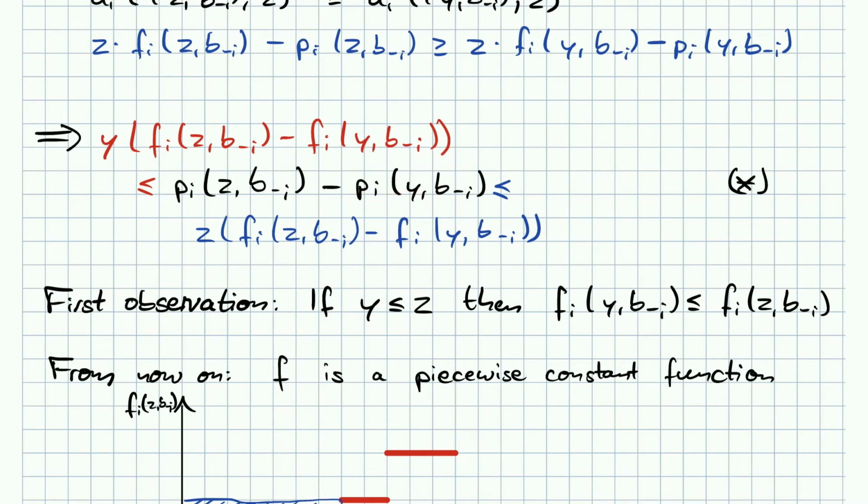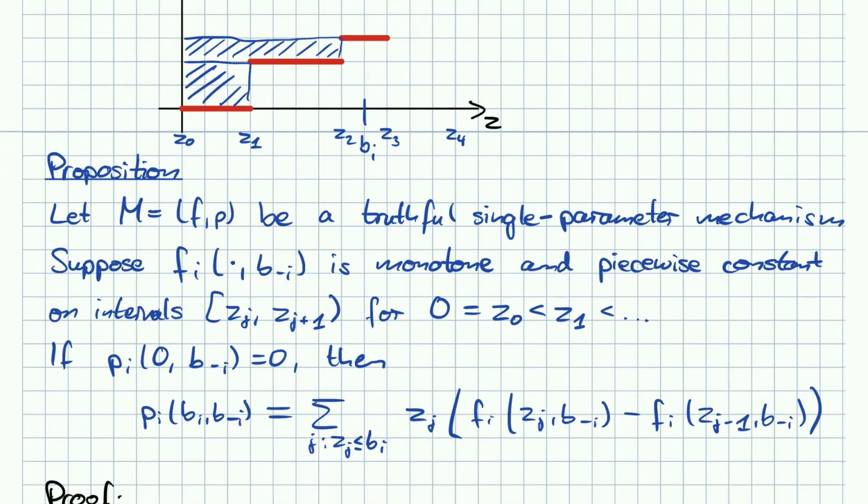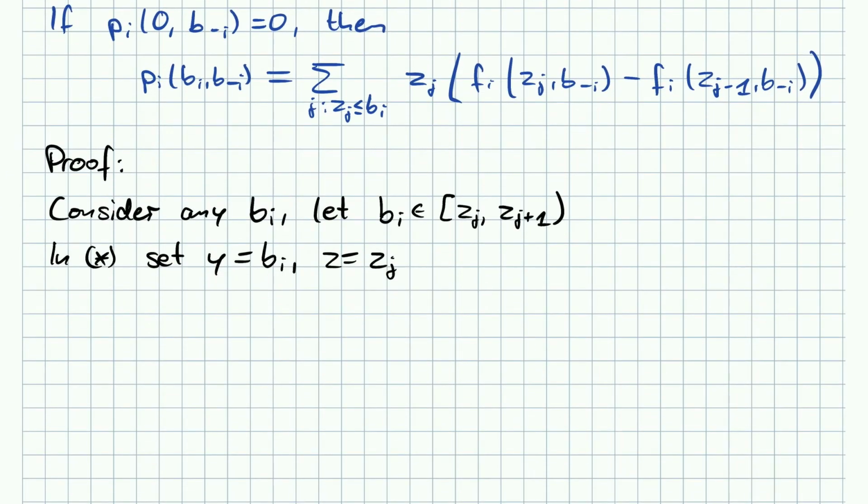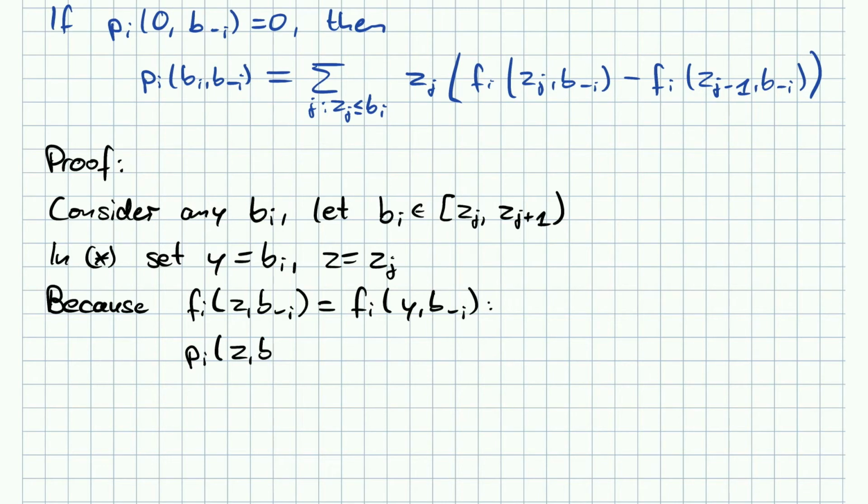So because fi of z, b minus I is equal to fi of y, b minus I, we'll have that also pi of z, b minus I is equal to pi of y, b minus I.